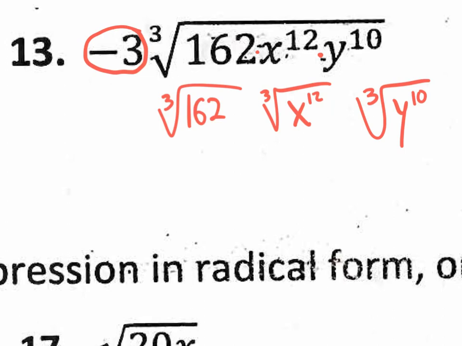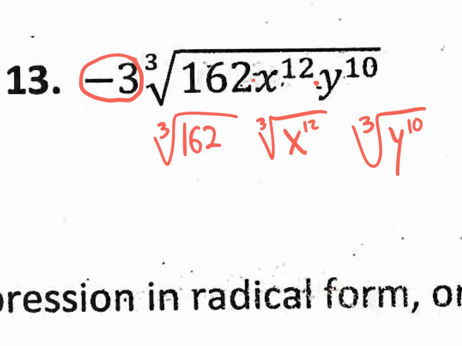now from here, the 162, since we're dealing with the cube root, we want a perfect cube number. And if we think about perfect cube numbers, 2 cubed is 8, 3 cubed is 27, 4 cubed is 64, 5 cubed is 125. So obviously 162 is not up here as a perfect cube number, so you want to rewrite it with multiplication to get a perfect cube number.